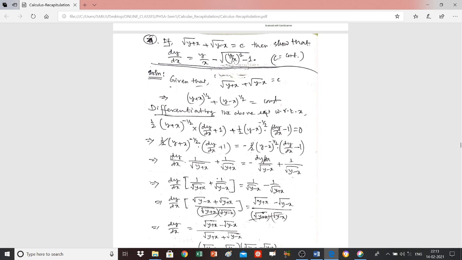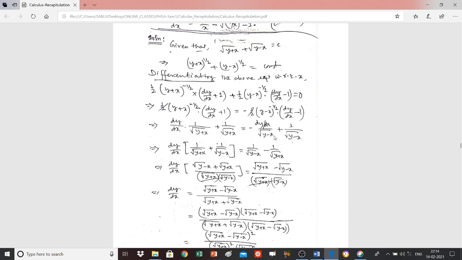Half will cancel. So just bring the terms related to dy by dx to the left hand side and the rest of the terms to the right hand side. So dy by dx into 1 by root over y plus x, then plus 1 by root over y minus x, is equal to the remaining term.